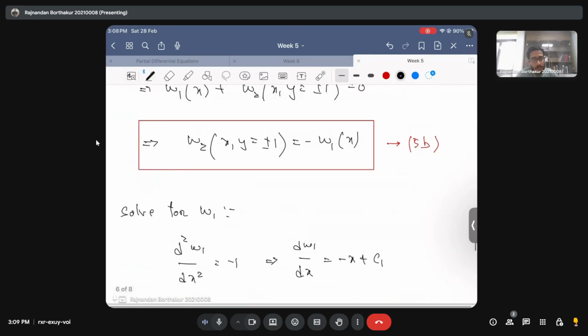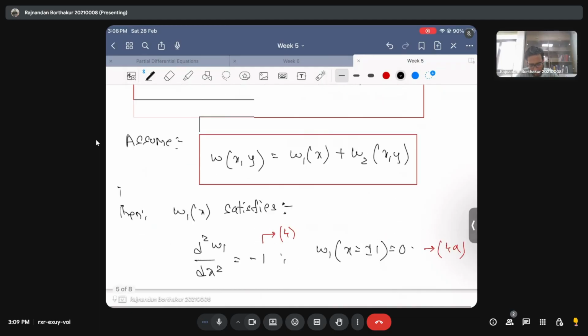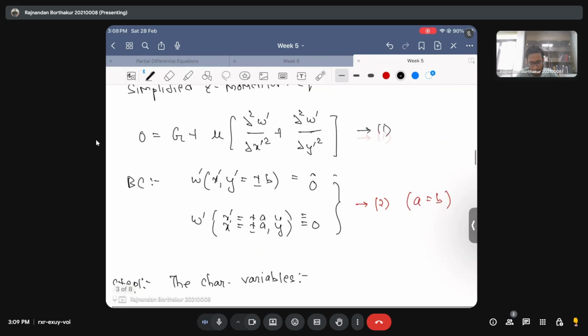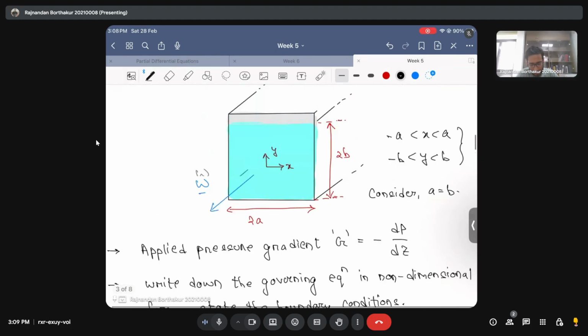So we were trying to evaluate the flow field that is being generated inside a square duct, where the flow is actuated by applying a constant pressure gradient.